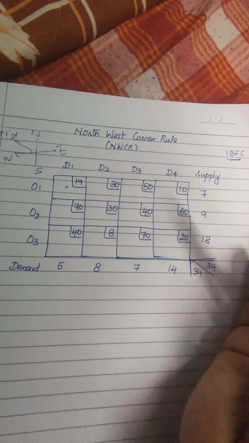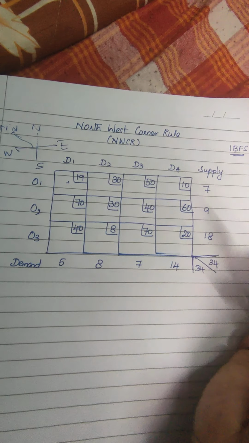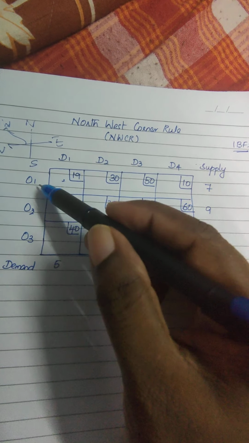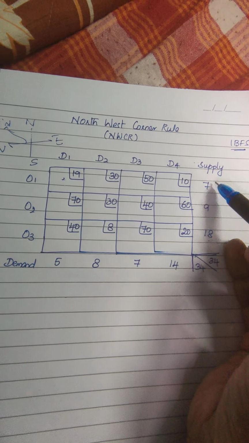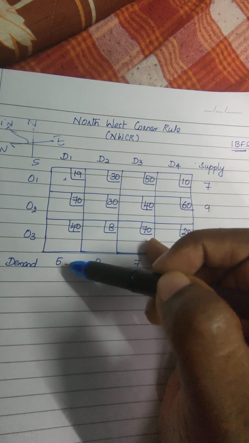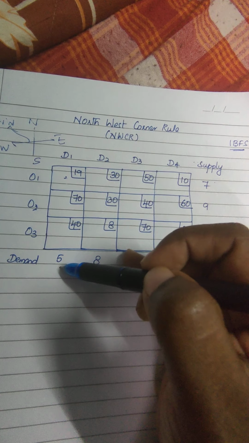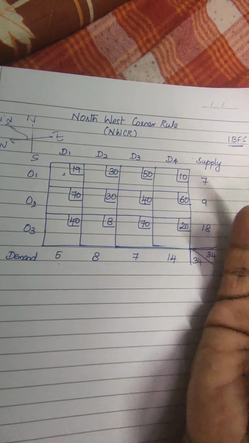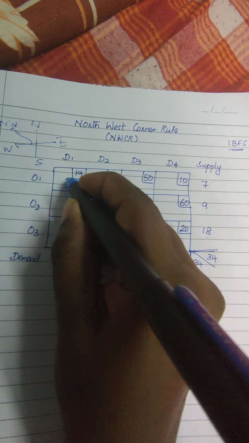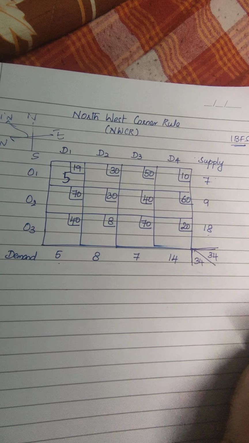That is the first box we are going to use for allocation. It is in the first row with supply 7 and the first column with demand 5. Whichever is less, you allocate that. So 5 is less, I am going to allocate that.